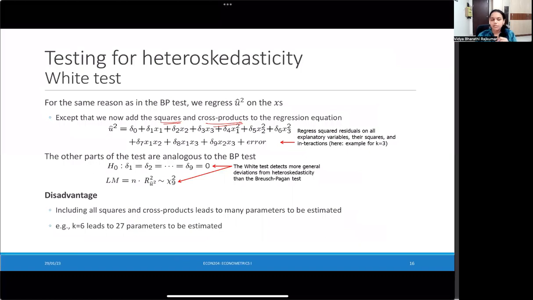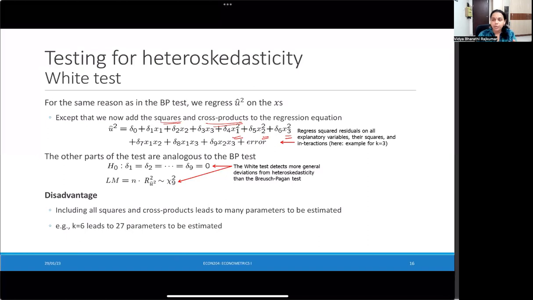So for example, if we have three regressors in our model, x1, x2, and x3, the White test will involve us running a regression of u hat square on x1, x2, and x3. It will also include the squares of each of these regressors in the regression model. So we're going to have additional terms for x1 square, x2 square, and x3 square.